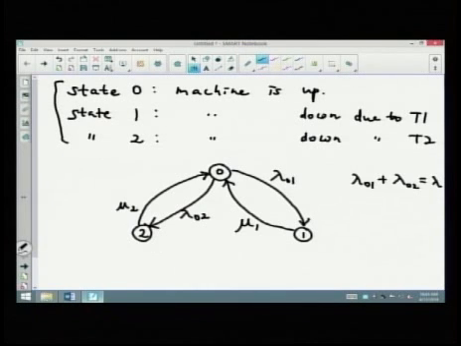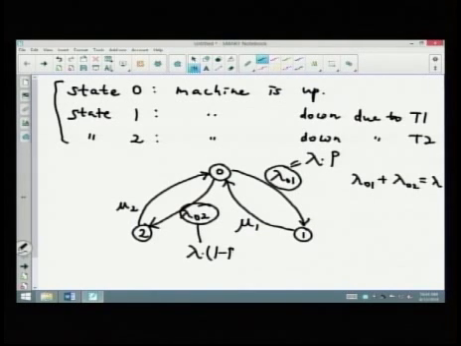How would you do that? Here, lambda 0,1 is going to be lambda times p. Likewise, here, lambda times 1 minus p. Does that make sense?